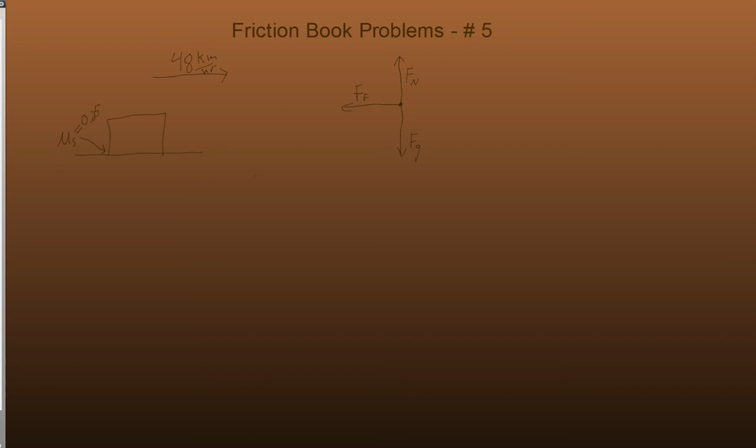So let's set up our net force equation. So this is the only force. Again, these two balance out, cancel each other out. So F net equals ma, and this is the sum of all the forces acting in the direction of motion, which in this case is either going to be left or right. And so the only force horizontally is force of friction.